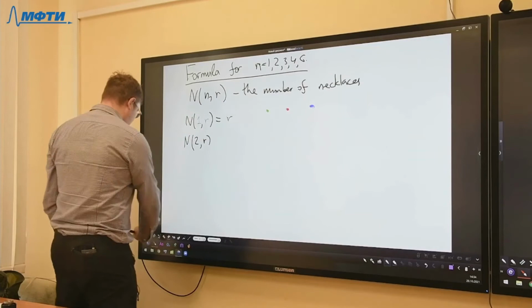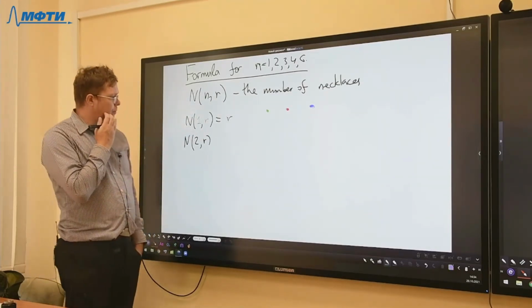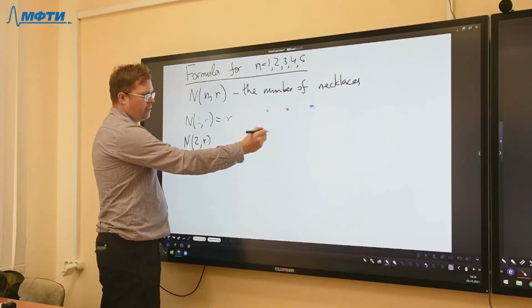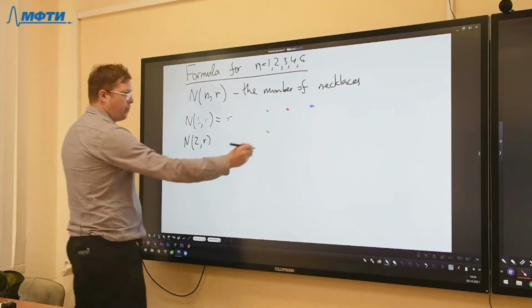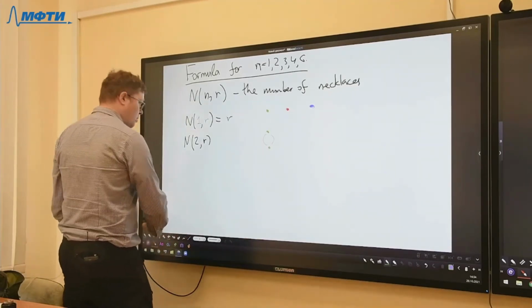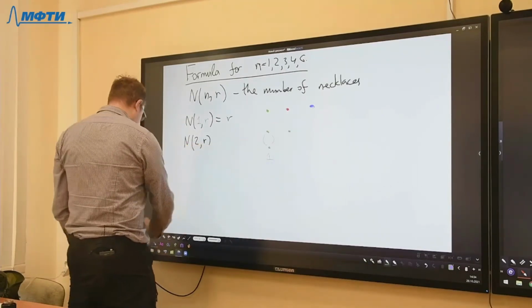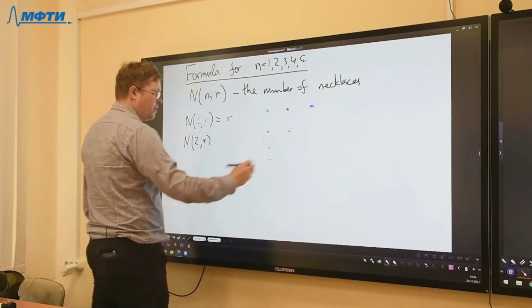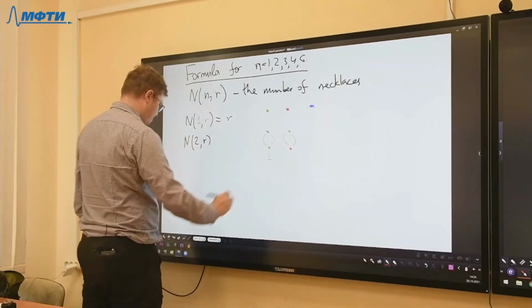So suppose we have 2 beads. As you know, for each necklace, the period should be 1 or 2. So either we have beads of the same color, so this is a necklace of period 1, and if we have different colors, it means that the period of this necklace will be 2.